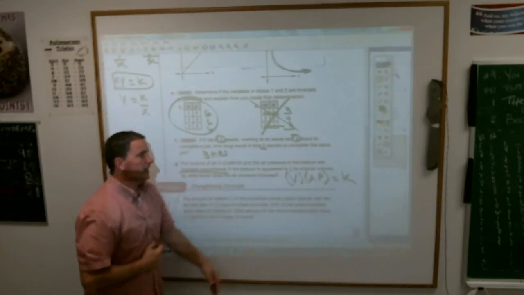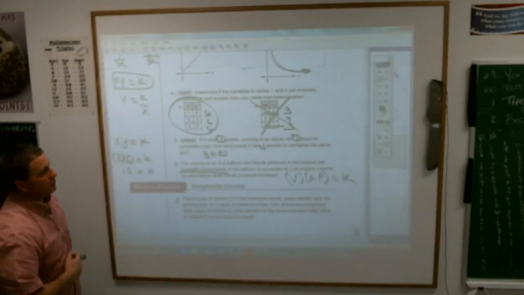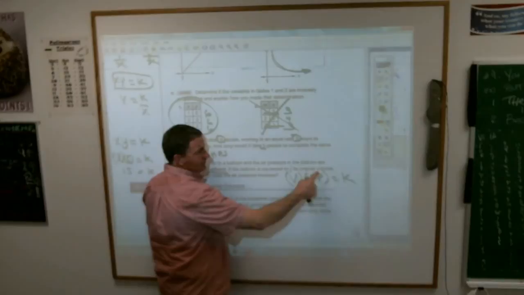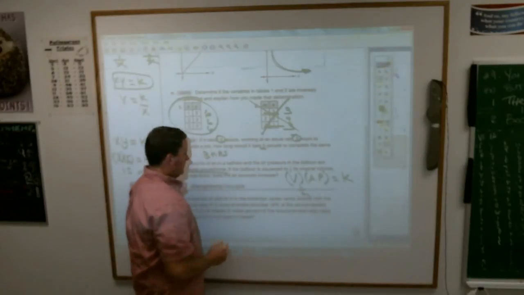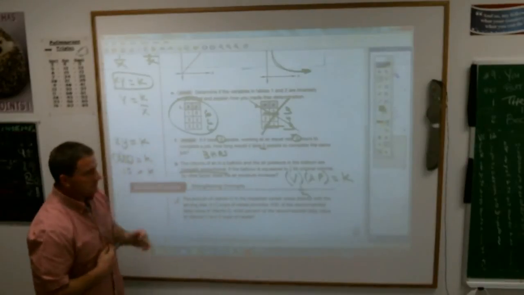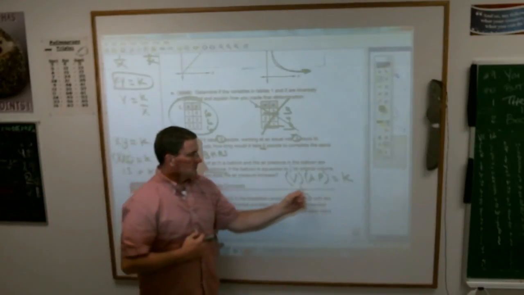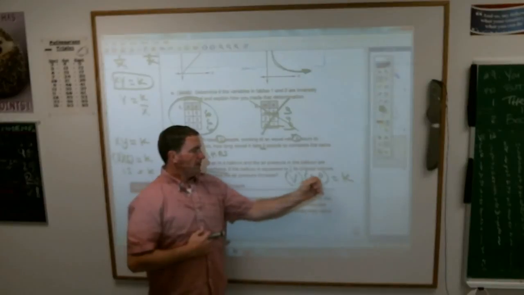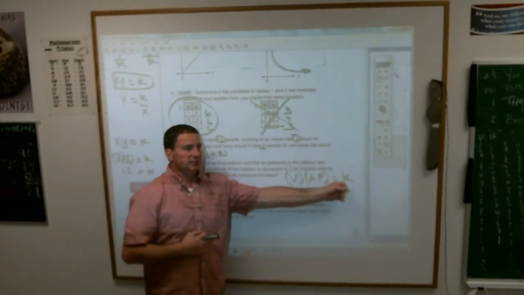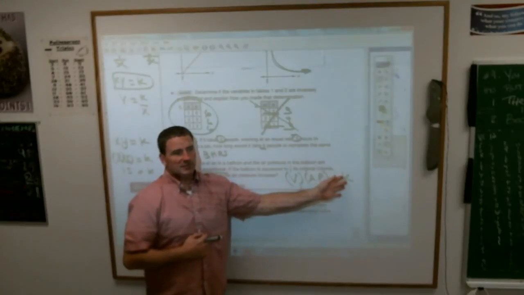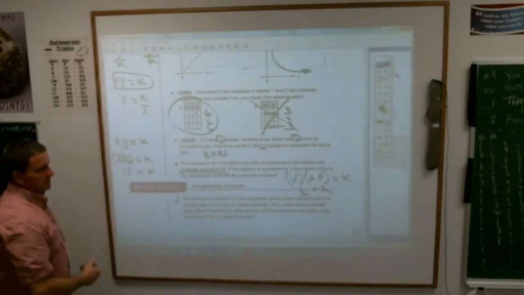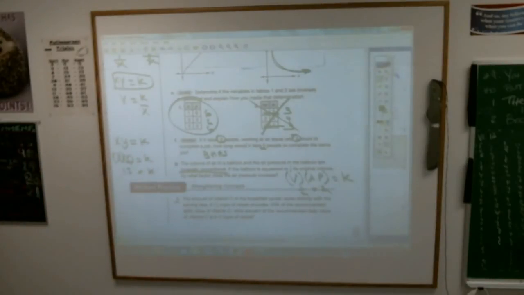If the balloon is squeezed to 1/2 its original volume, by what factor does the air pressure increase? What number would have to balance this off to give you the same constant? 1/2 times what would give you the same thing? You'd have to double it.